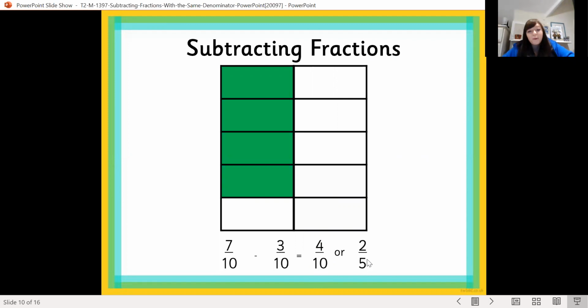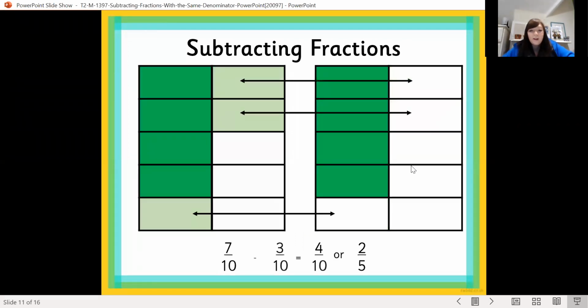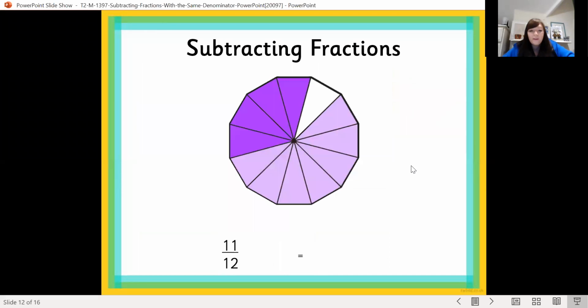So you divide them both by 2 and you've got 2/5. Easiest thing though for now is to stick with 4/10. And this is showing you in another way. Okay, so here we have 11/12. This shape has been split into 12 equal parts. 7 of them are being taken away and we are left with 4/12.